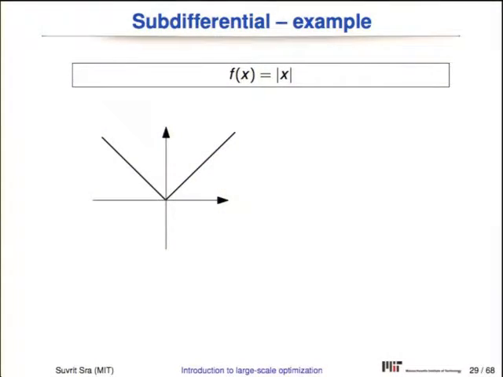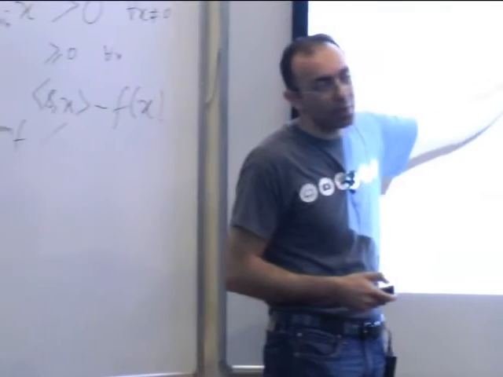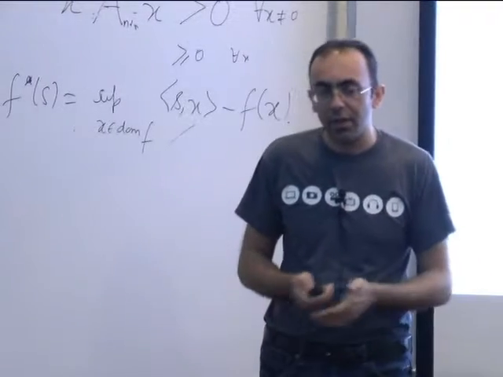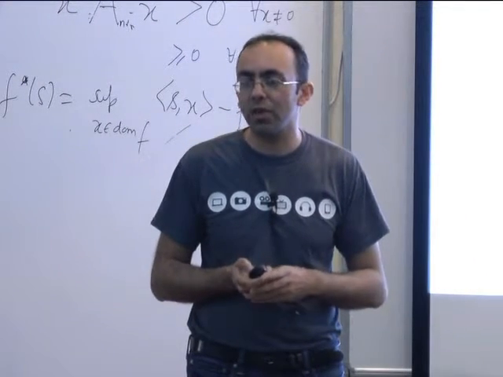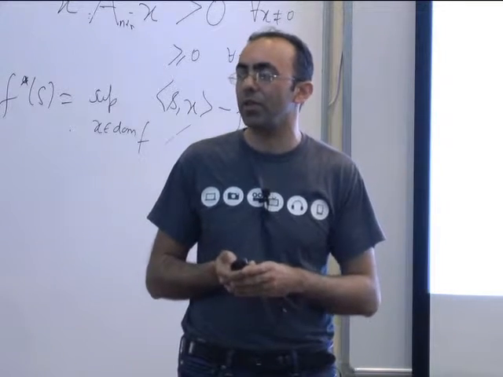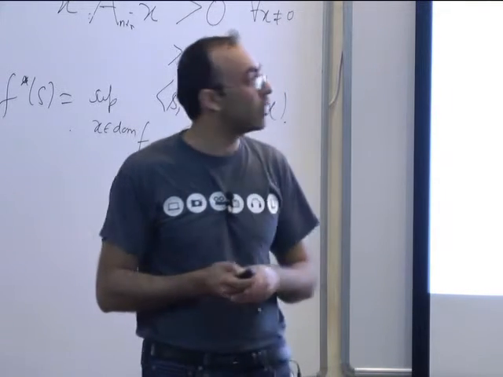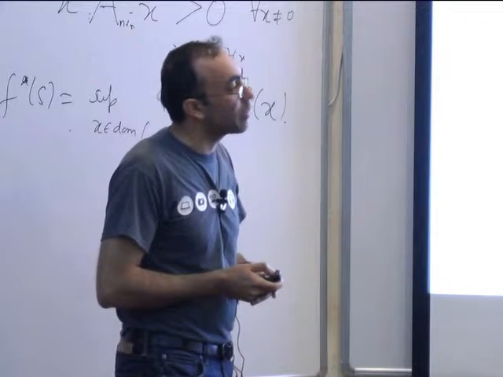If f is the absolute value of x, this function is differentiable everywhere except at 0, where it has a kink. So it will have lots of subgradients there, and in fact this is such an easy function we can fully characterize its subdifferential at 0. So this is the subdifferential set.